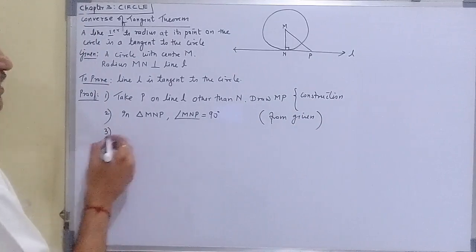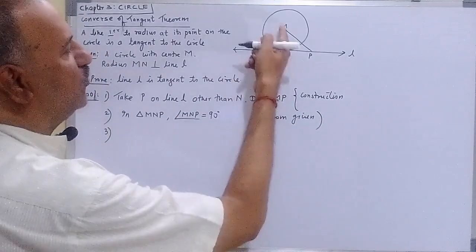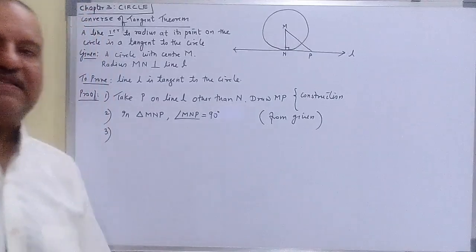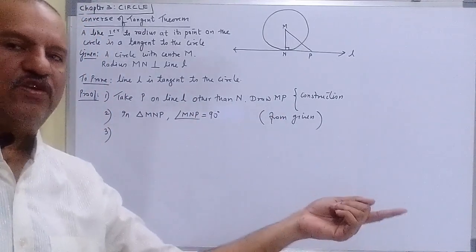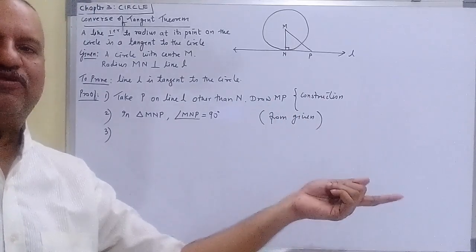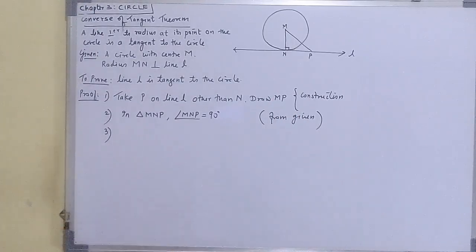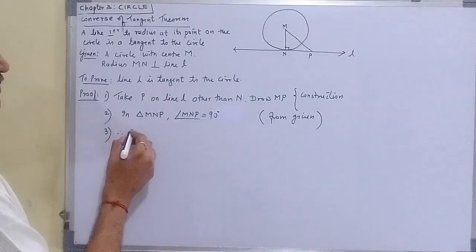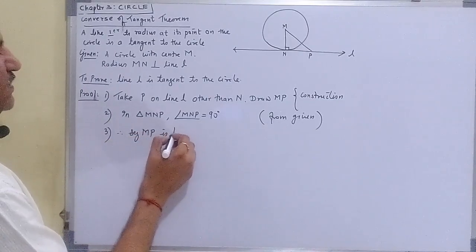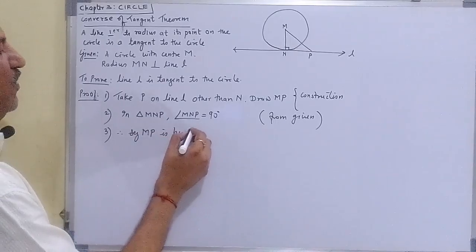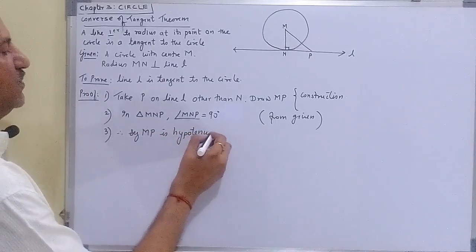Statement number 3, अगर ये 90 है, so MP will be what? A side opposite angle 90 is hypotenuse. What is the definition of hypotenuse? Side opposite angle 90. So हम लिख सकते हैं therefore seg MP is hypotenuse.